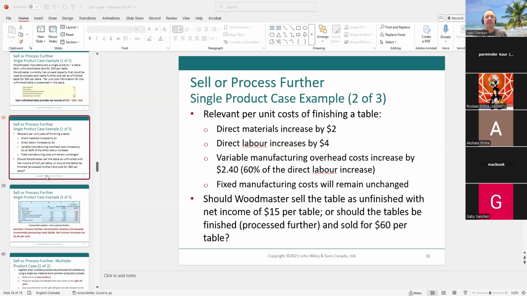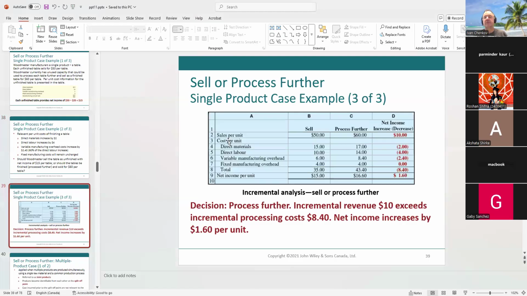So now let's go to the slides and see how our slides deal with this. Let me share my screen. Once we have this, the exam is going to ask you to do this. If you're selling it as it is, this is how much you're going to get. If you process further, that will be the new cost.